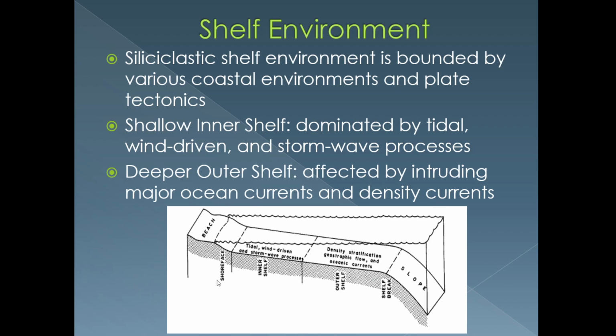So this is the shore face, the inner shelf, the outer shelf, and then the shelf break, which then goes into the continental slope. The shallow inner shelf is dominated by tidal, wind, and storm wave processes, while the deeper outer shelf is affected by intruding major ocean currents and density currents.